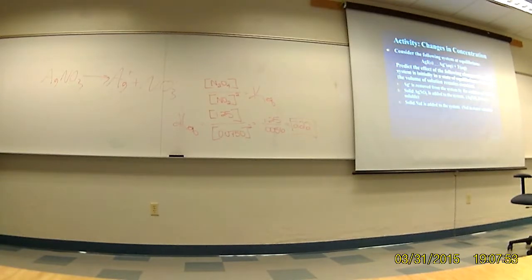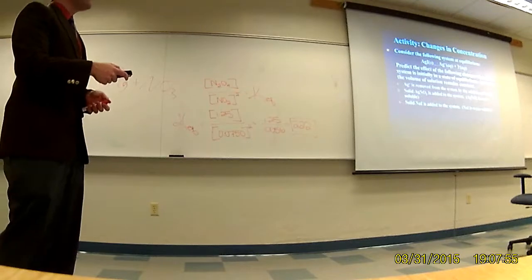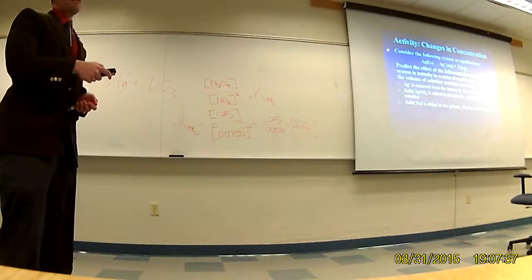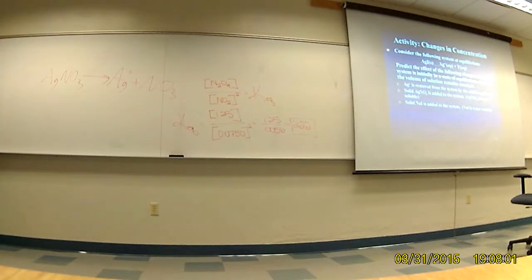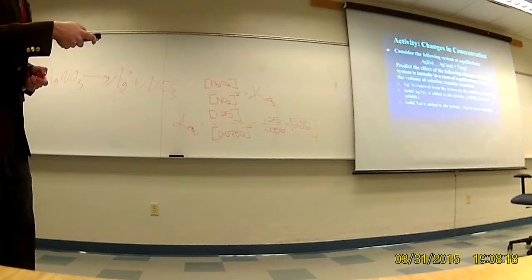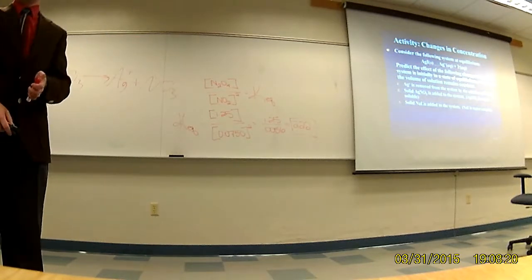If I somehow remove silver ion, is it going to shift to the left or to the right? To the right. If I remove a product, it shifts to the right to replace it. If I'm at equilibrium and I add more silver iodide, does it shift to the left or the right? To the right. I now have too much reactant, so it's going to shift to the right to get rid of it.